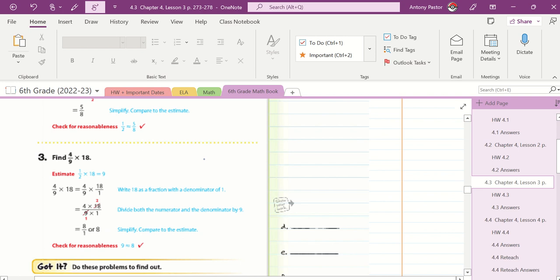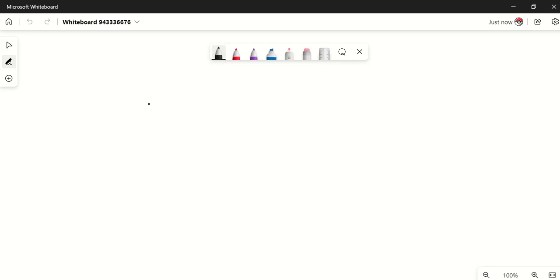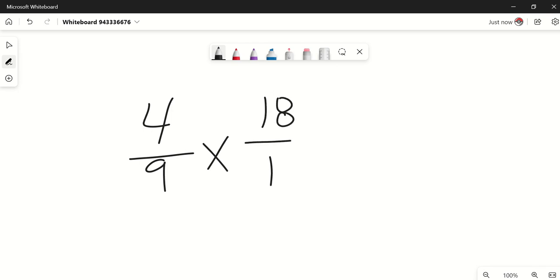And our other example is 4/9 times 18. Of course, all whole numbers should be thrown over 1. Now, that 1 is going to indicate that these two have nothing in common. Remember, if any of your numbers is 1, the opposite will not be simplified anymore, because you can't simplify 1.